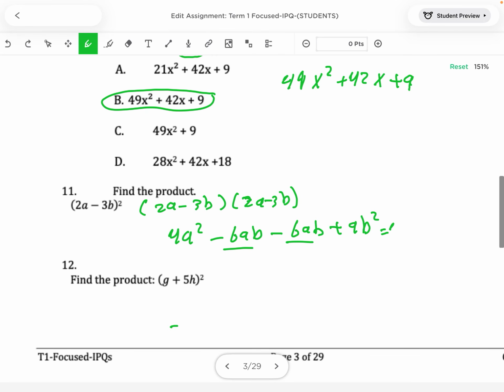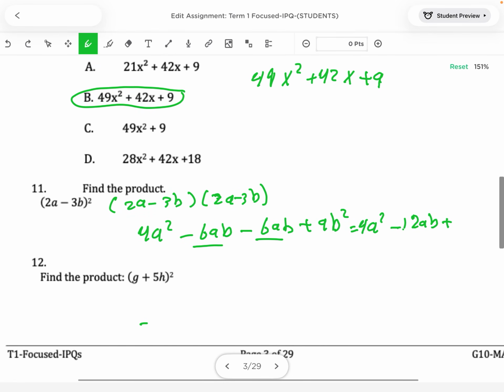So it will be 4a squared minus 12ab plus 9b squared. Here we multiplied 2a times 2a, 2a times negative 3, negative 3 times 2a, negative 3 times negative 3b.